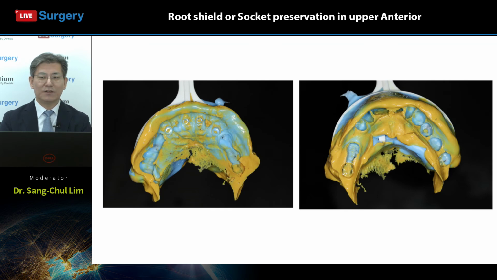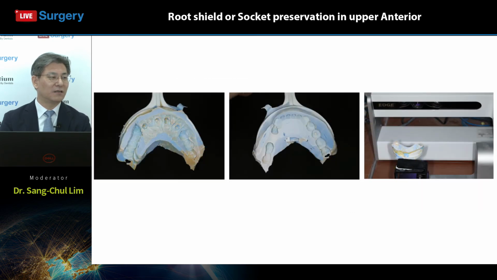So after taking this impression, moving to the model scanner, we can get the digital scanning files, looks like 3D. So yeah, this one is the normal procedure.